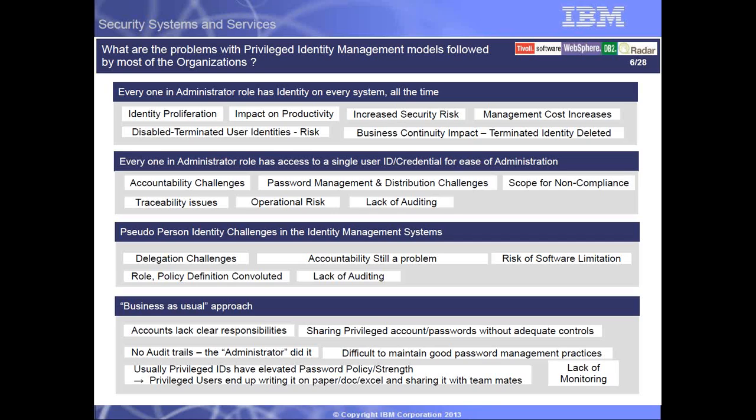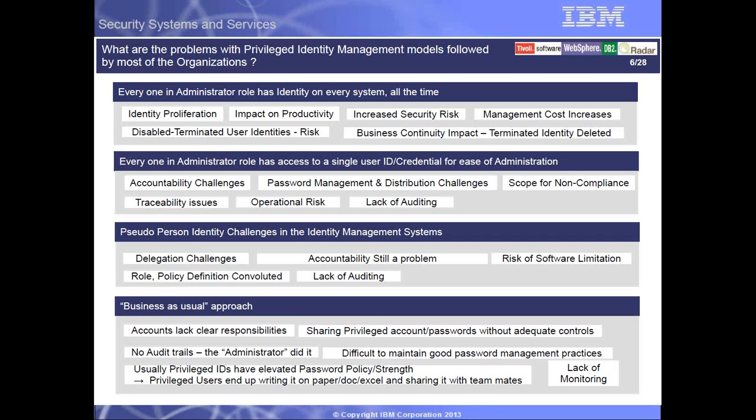Now, you can't have a control there because on one side you have these IDs owned by the pseudo person, which is in turn delegated to a person, plus you have a role. When you have a role to this delegation, you can't really do the segregation of duty check. You need to have a role-to-role check. So that's the problem with pseudo person identity.